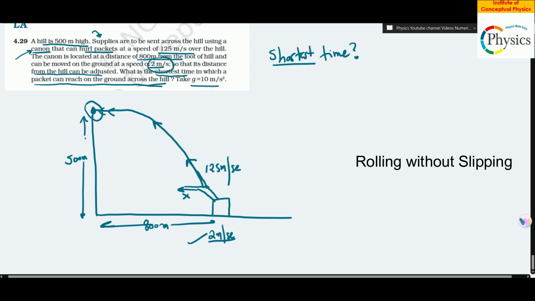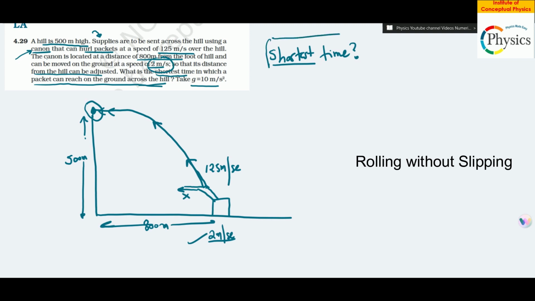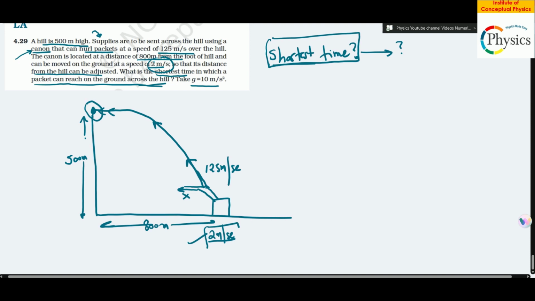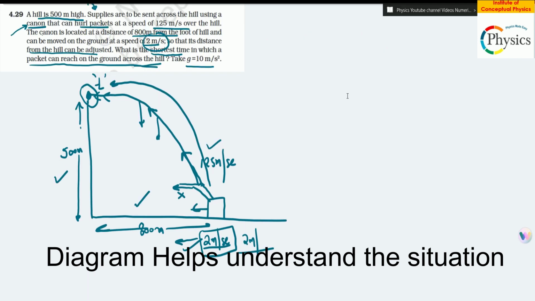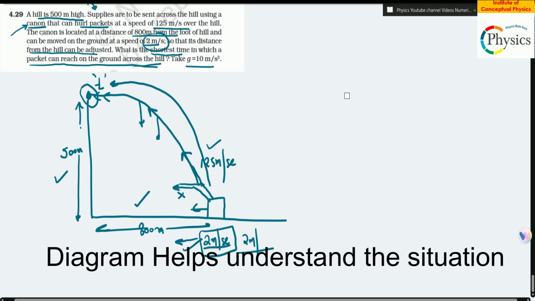Now, what is the meaning of the word shortest time? This is something we need to really think about. Also, the cannon should be able to move at a speed of 2 meters per second at max. Let's try and understand the situation. I hope you have understood that this cannon can move.